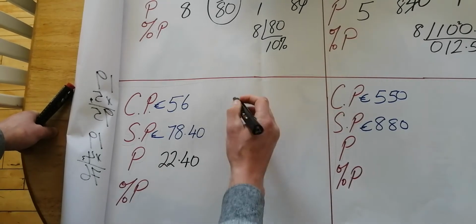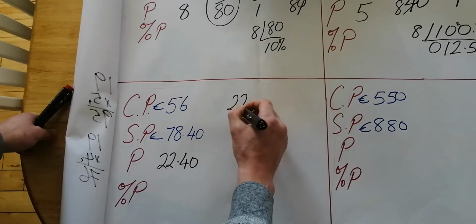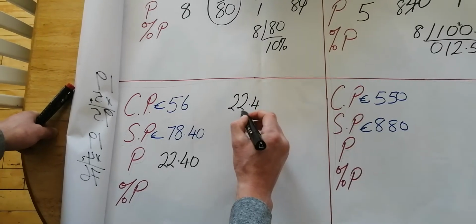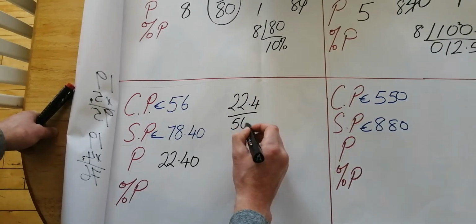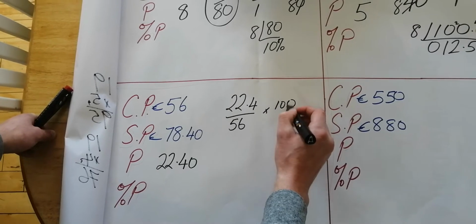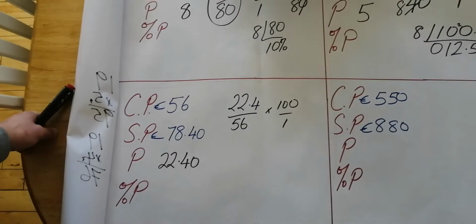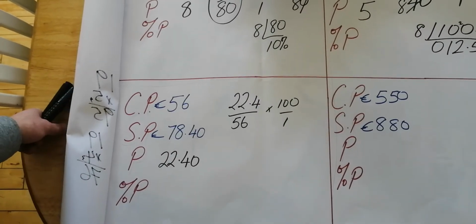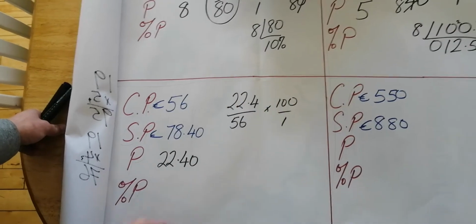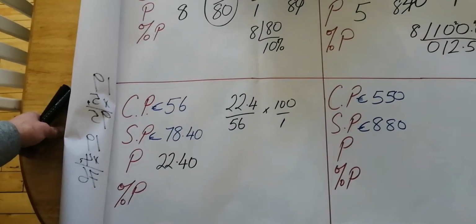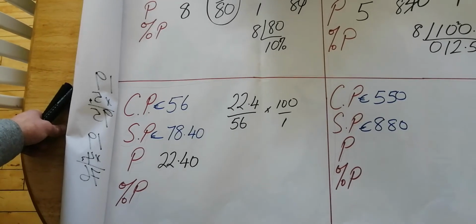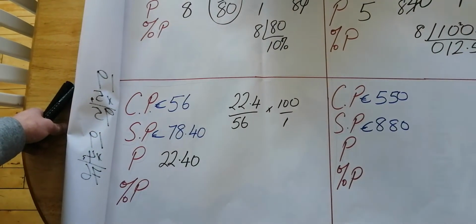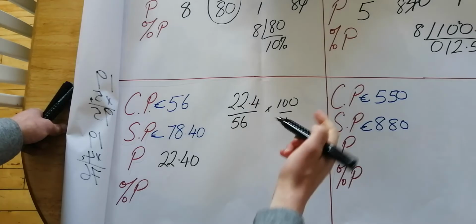So profit over cost price. You can do it 2 ways. We can just go multiply it out and then do our long division. We'll get the same answer, or we can simplify it down. I'll do it that way first.